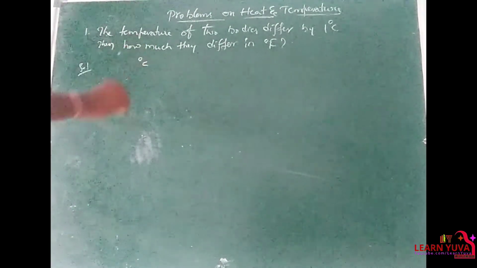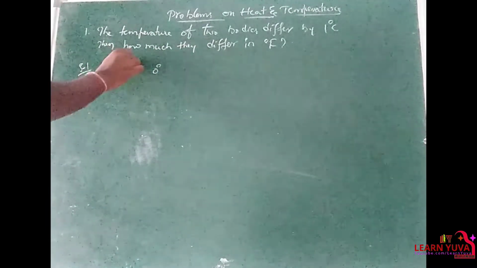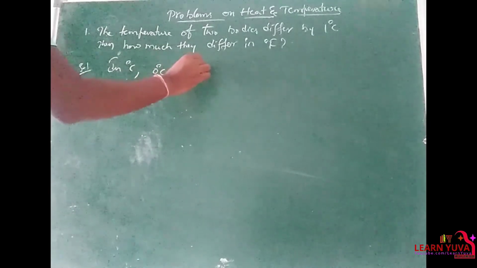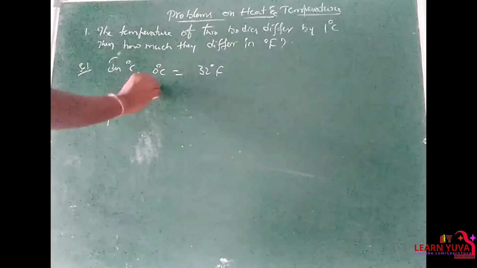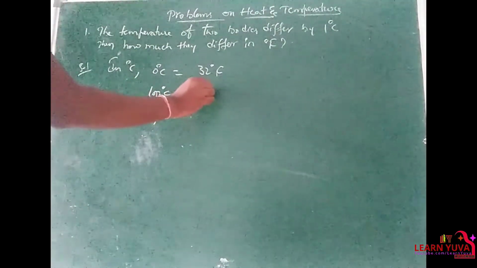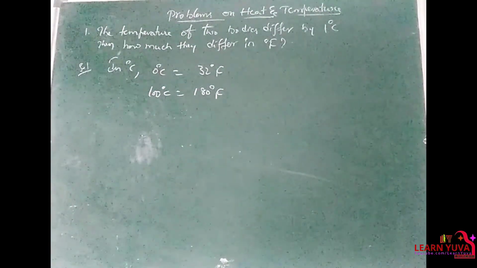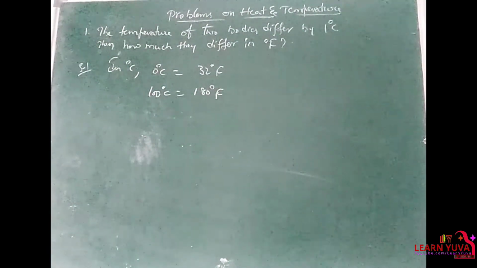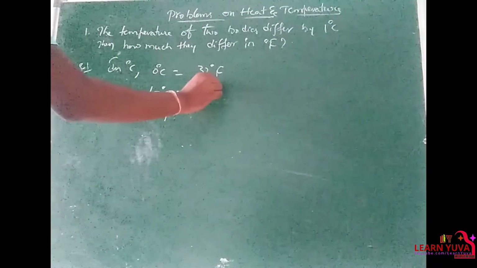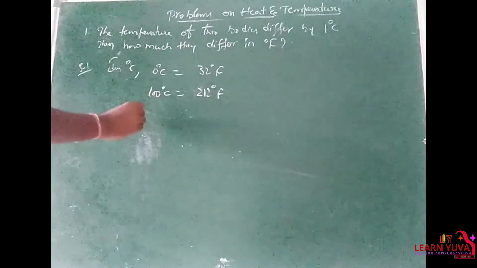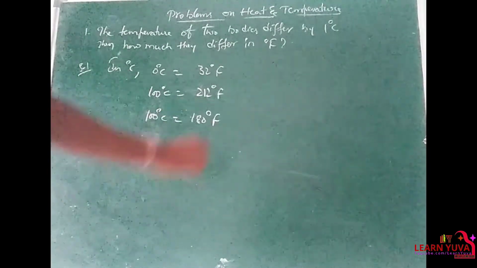In degrees Celsius, 0 degrees Celsius is equal to 32 degrees Fahrenheit, and 100 degrees Celsius is equal to 212 degrees Fahrenheit. So if you observe the difference, 100 degrees Celsius is equal to a 180 degrees Fahrenheit difference.